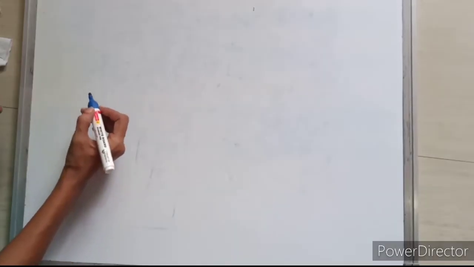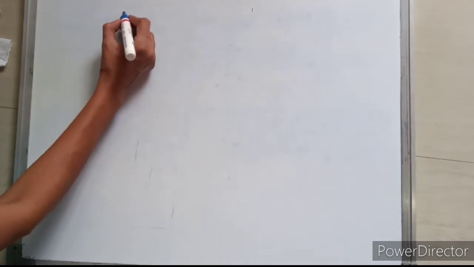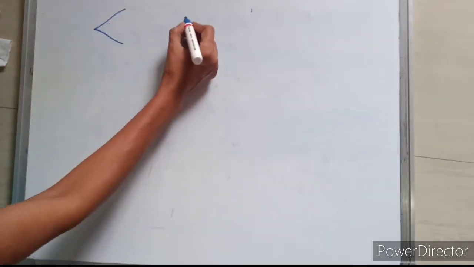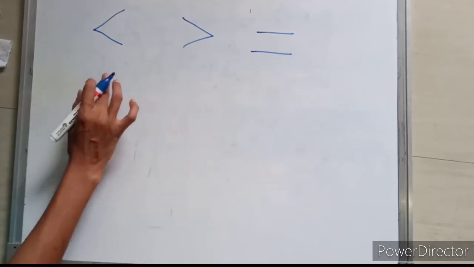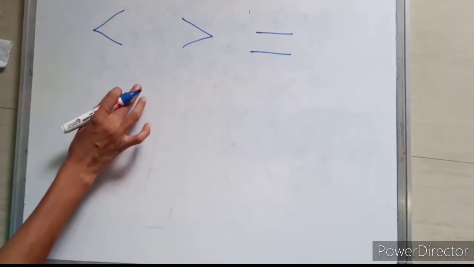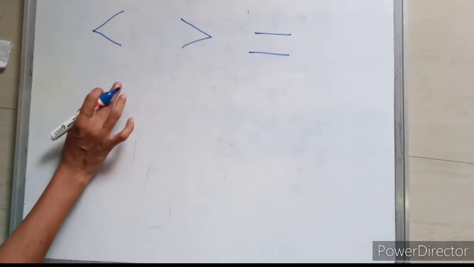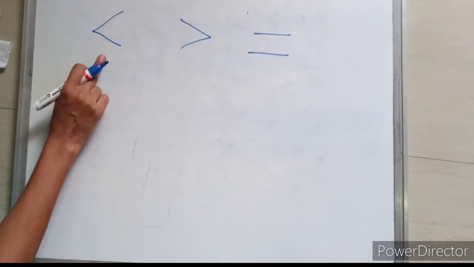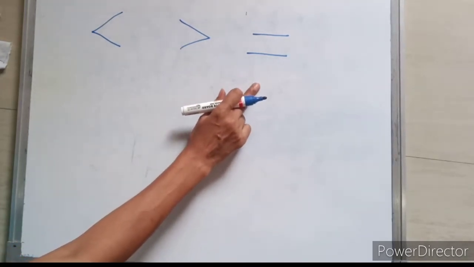For comparing numbers, we are going to use 3 signs. This one, and this. These are the 3 signs which we are going to use for comparing the numbers. So how to pronounce these signs? This is less than, this is greater than, and this is equal to.